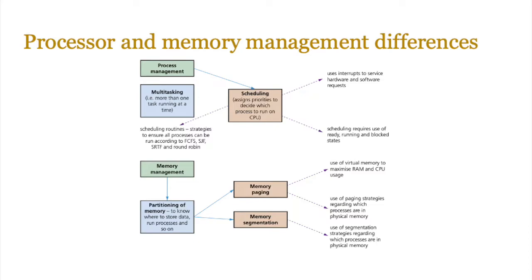And we use two techniques here, memory paging and memory segmentation. So do pause the video and study this diagram carefully, and hopefully this makes the differences clear between process management and memory management. Both are required and both are essential to the efficient and stable running of any computer system.